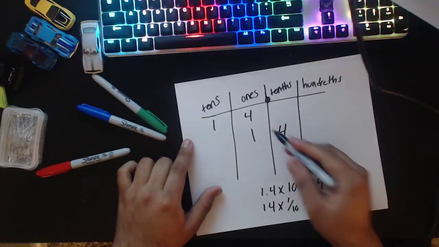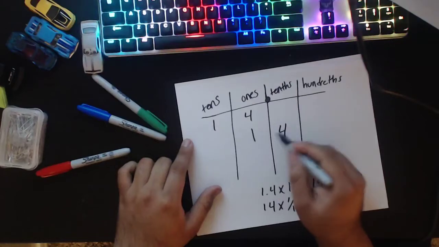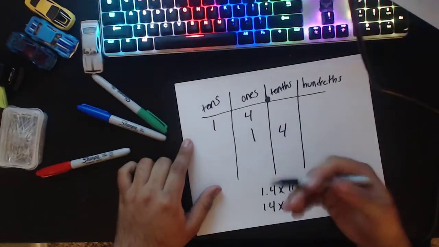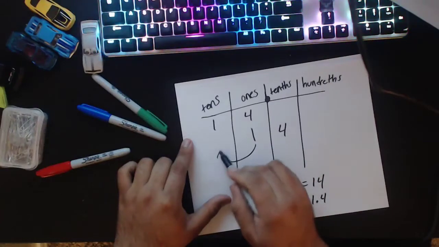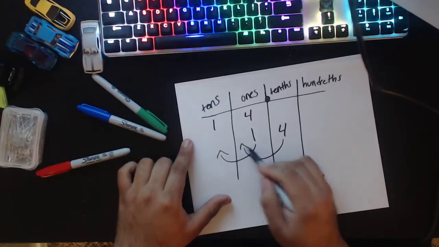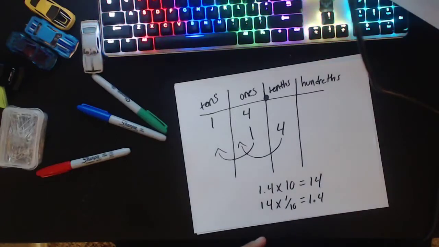Now just remember, last time we did this, if we had 14 tenths and we multiplied it by 10, our digits shifted. This digit would go whoop, and that digit would go whoop, and that's where they would be.